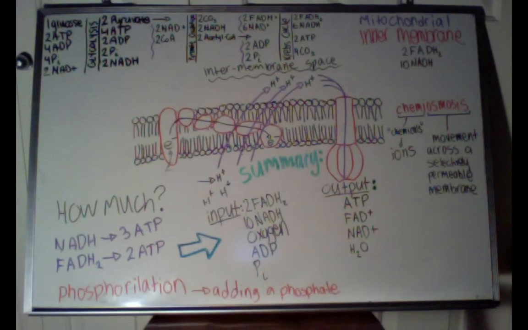So if we apply that to this input-output chart, we have 10 NADH, multiplied by 3, we have 30 ATP produced. And our 2 FADH2, multiplied by 2, of course, is an additional 4. So we have 34 ATP produced within the electron transport chain, as well as our waste products of 2 FAD+ and 10 NAD+.